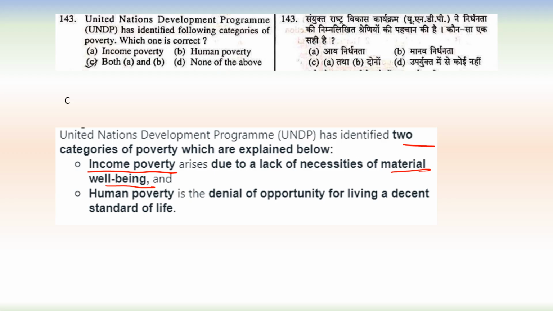Human poverty is the denial of opportunity for living a decent standard of life. So both income poverty and human poverty are recognized by UNDP. So option C is correct here, both A and B.